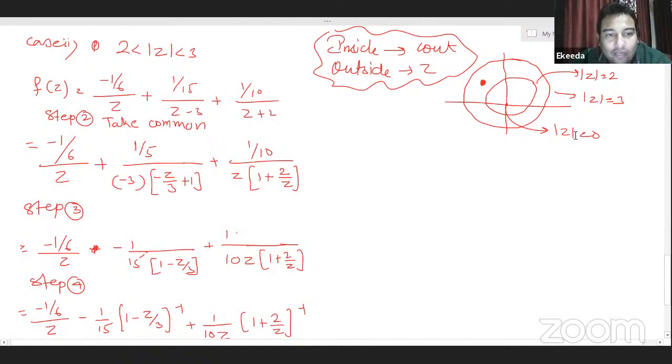So if I take minus 3 common, that will become minus z by 3 plus 1. And from these two terms, the point is outside, |z| = 2. So outside means z common. So I'm going to divide by z. So that will become z by z, that is 1 plus 2 by z. So that is perfectly okay.